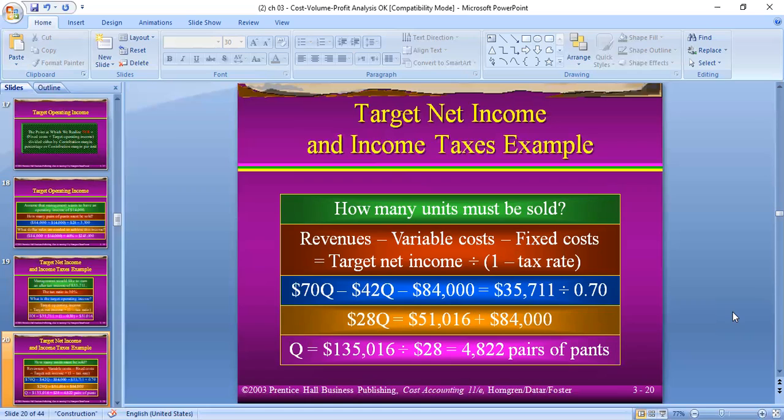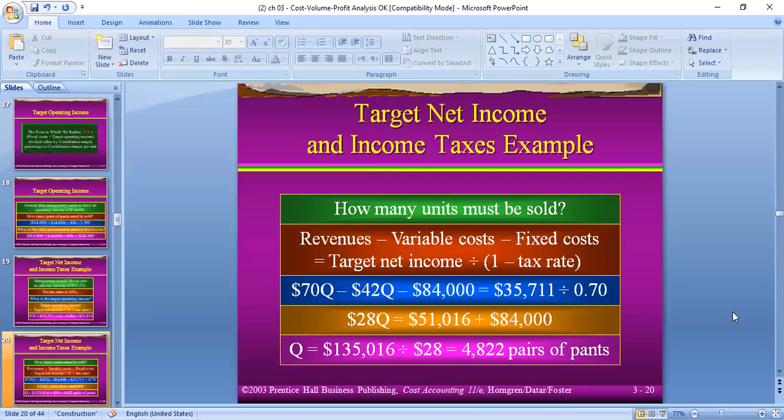Revenue minus variable cost minus fixed cost equals target net income divided by 1 minus tax rate. That is 70Q, sale price times Q, minus 42Q, to find Q. 70 minus 42 means sale price minus variable cost per unit. Then deduct the 84,000.